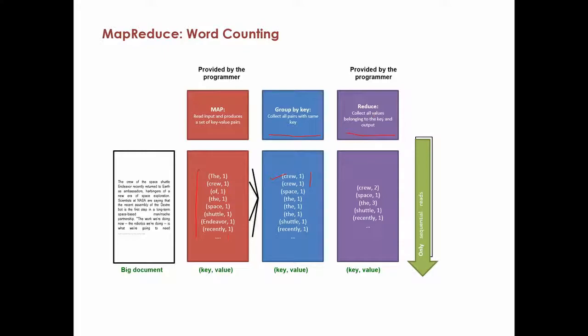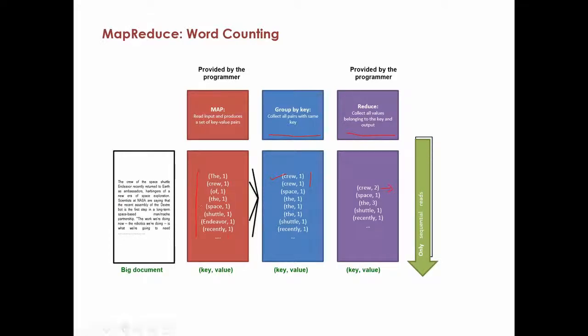The reducer logic says for all the records for which the key is the same, just add up the values, and that produces again a key value pair where the key is the word and the value is now the count of that word in the document.